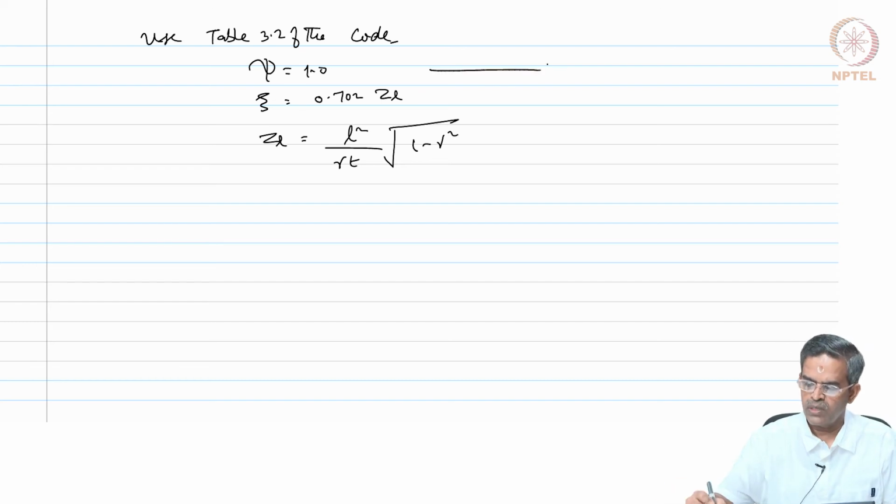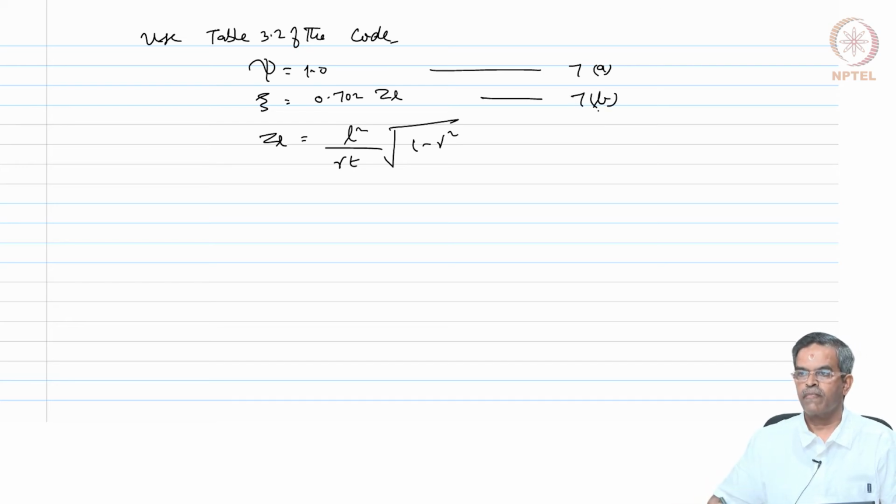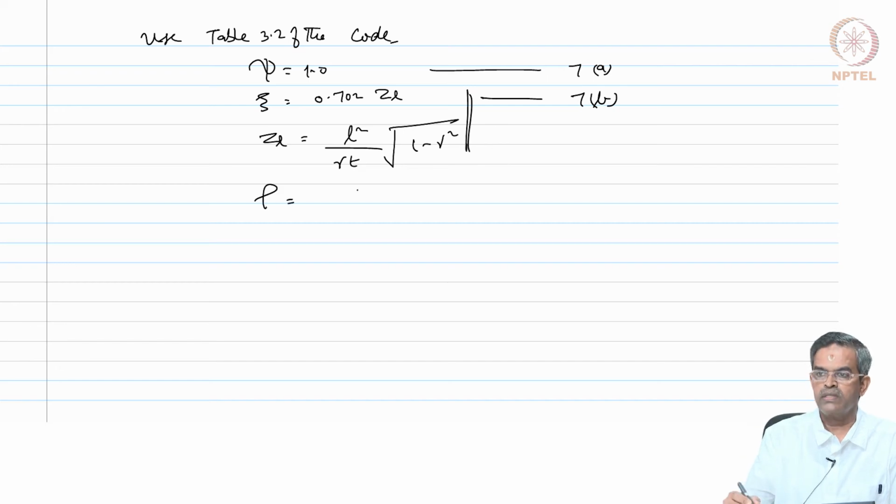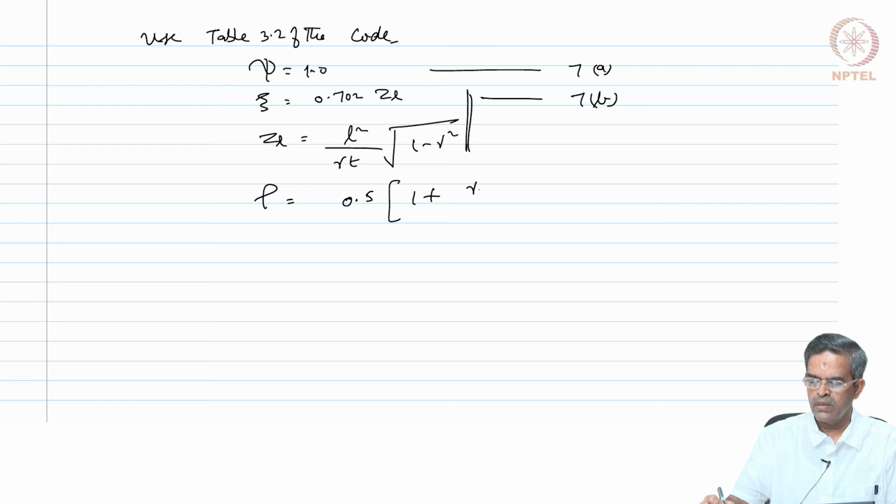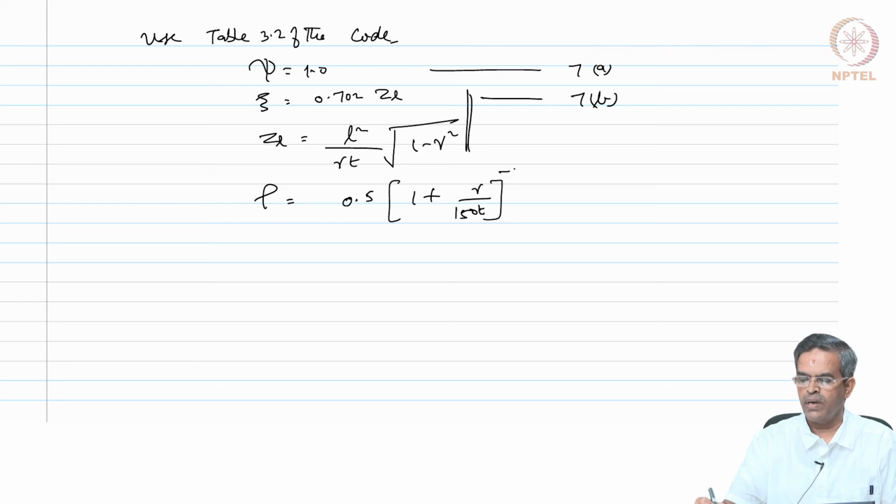We call this equation number 7a, this as equation number 7b, and rho is given by 0.5 times of 1 plus R by 150 T. This is R, okay, whereas this is nu, minus 0.5. We call this 7C.